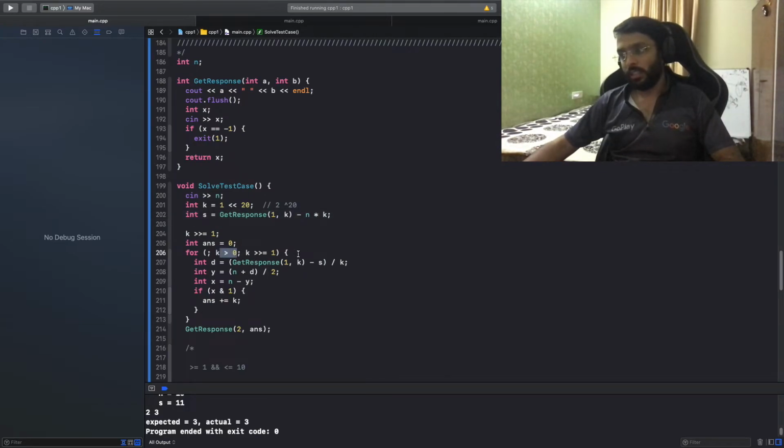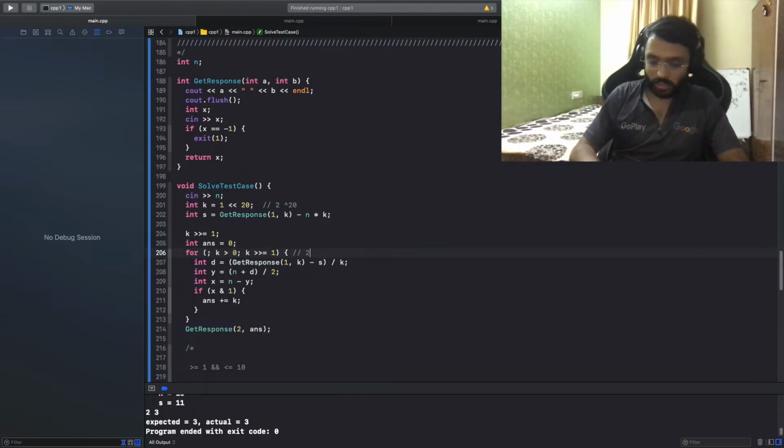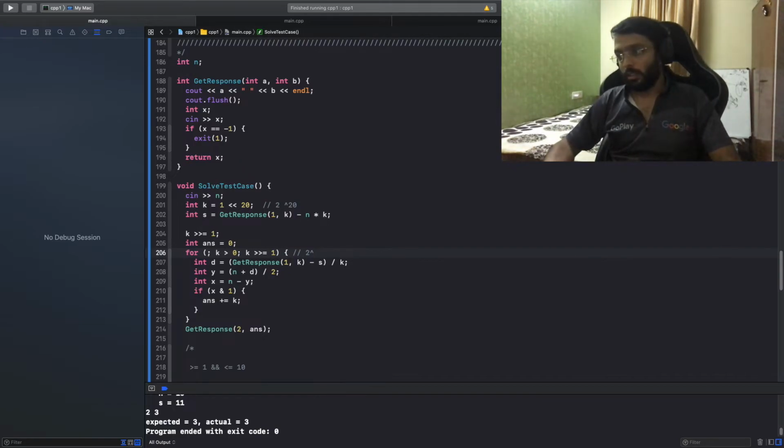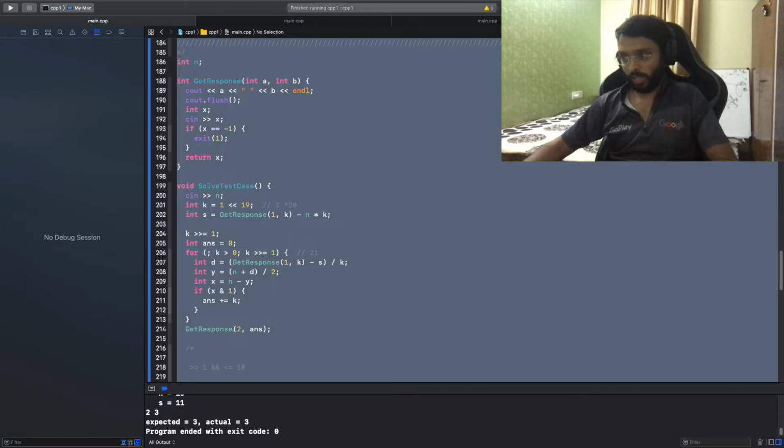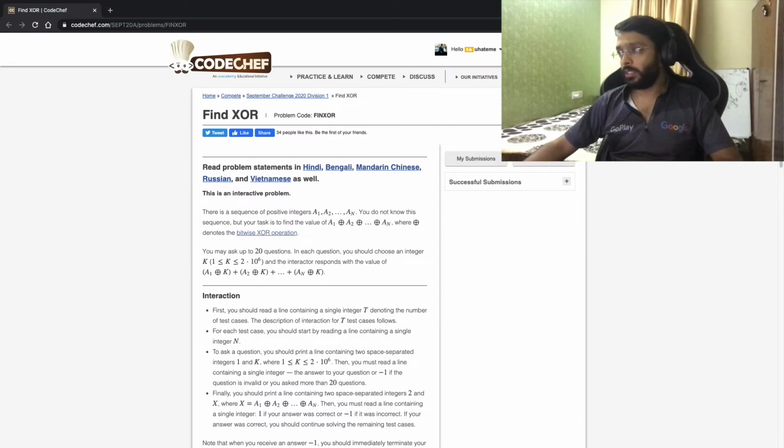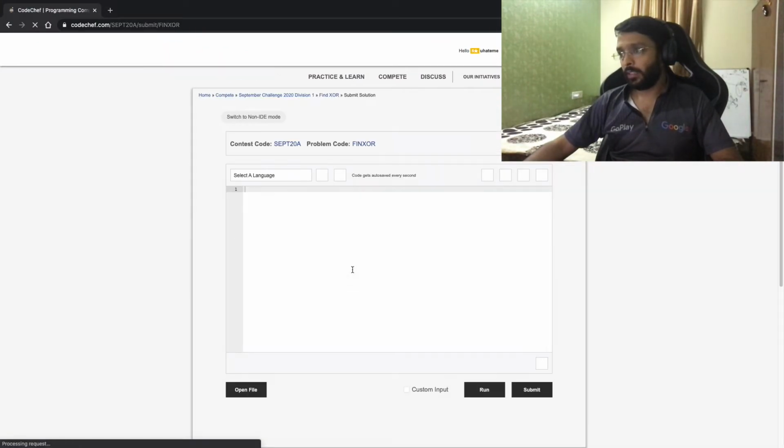That means k will be 1 as well, that means 2 raised to power 0. So these are actually 21 steps. If I change this to 19, this will be exactly 20 steps, and try submitting.